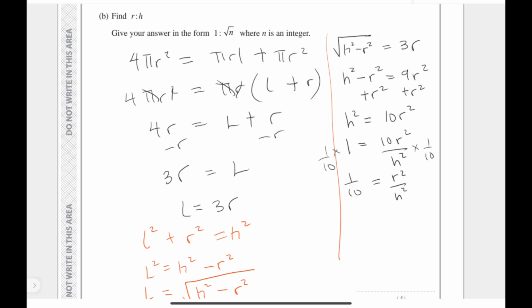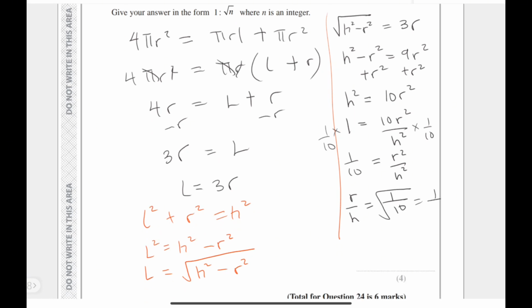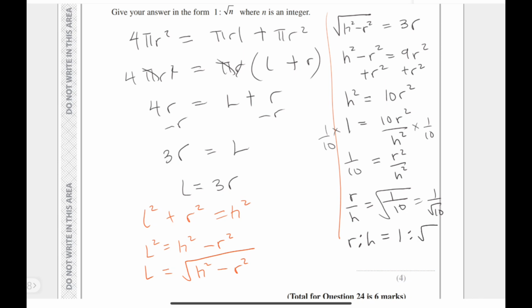So if I take the square root of both sides, that means r over h will be the square root of 1 over 8, which is the same thing as 1 over the square root of 8. So that means r to h is equal to 1 ratio square root of 8. So that's our answer.